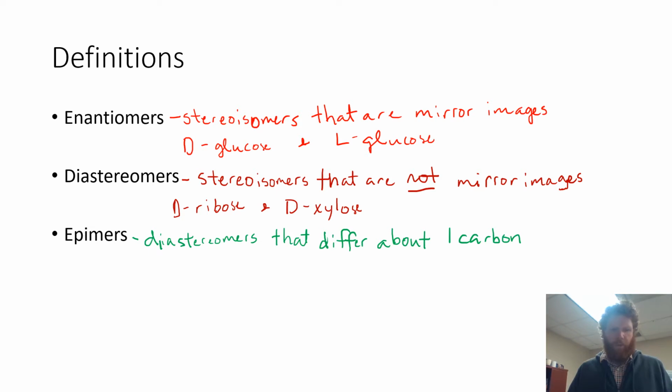Okay, an example of that would be D-glucose and D-galactose.